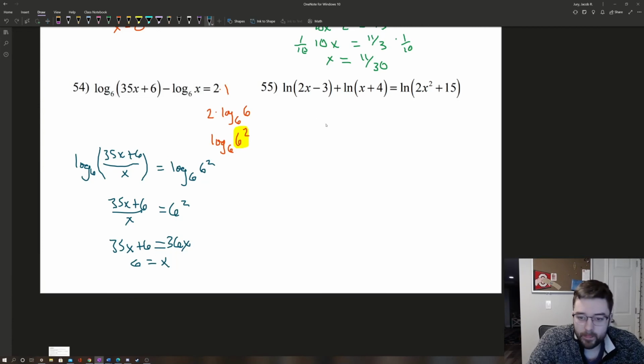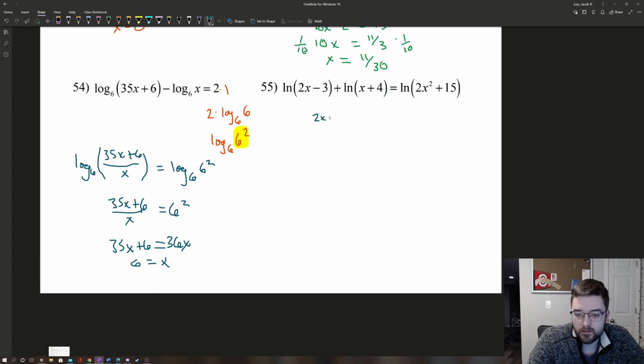So with this last one, we don't even have to worry about one of these terms not having a common base. They're all natural logs, so they all have base e. So all I need to do in order to finish this one is multiply 2x minus 3 and x plus 4.